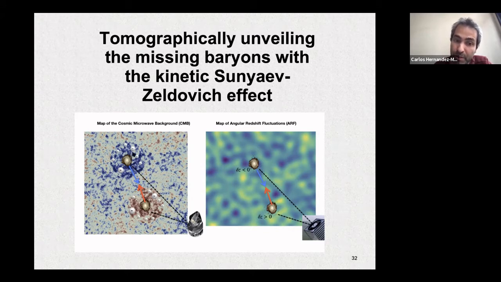So CMB photons coming from a cloud of electrons around a galaxy that is moving towards us will look slightly brighter or slightly hotter than average. And the opposite applies for a galaxy that is receding away from us. The electrons will tend to cool the CMB radiation bath slightly, and this will cause an opposite sign brightness anisotropy.